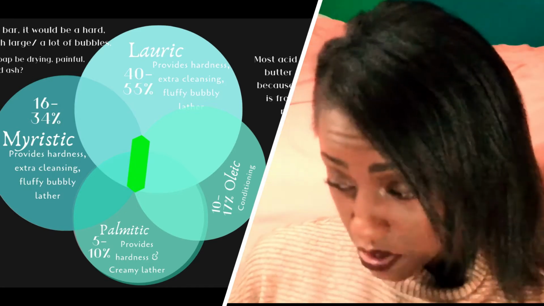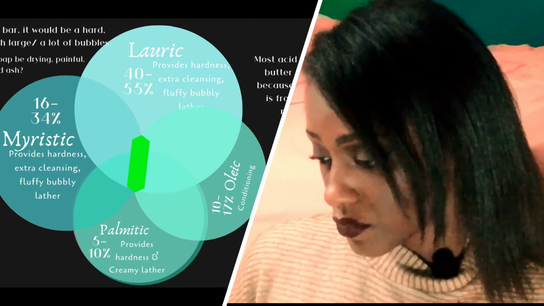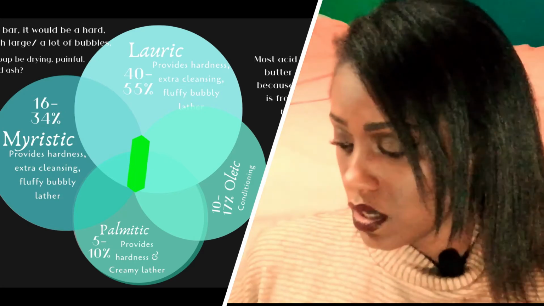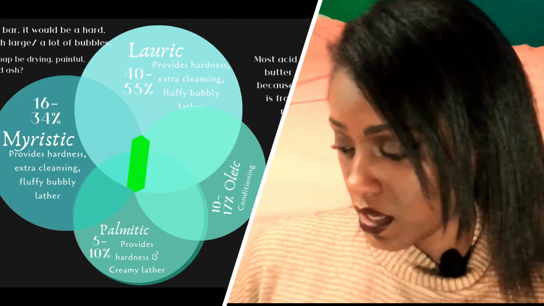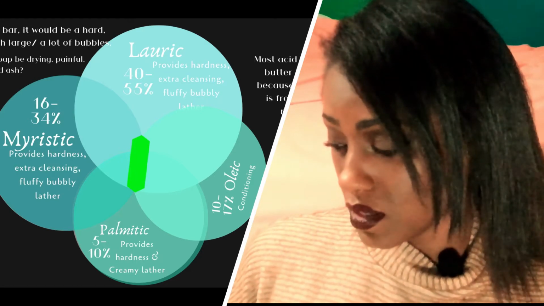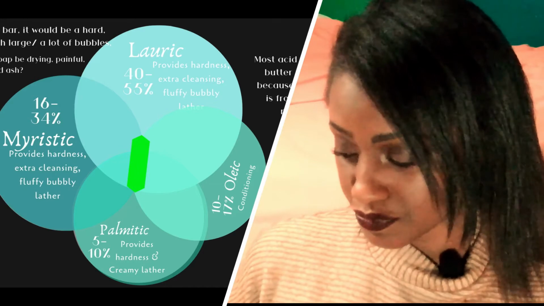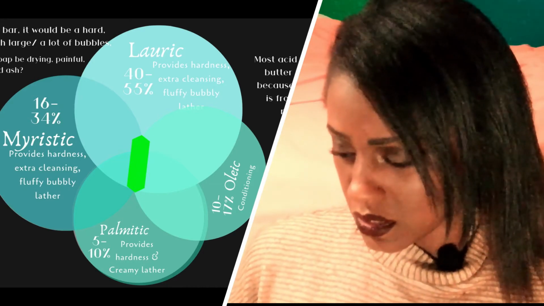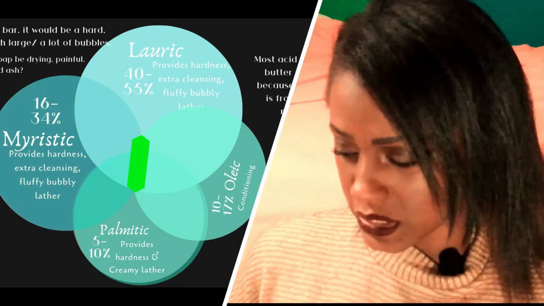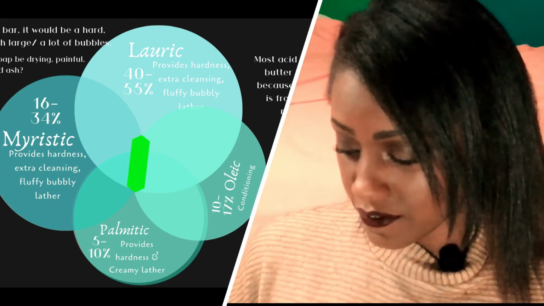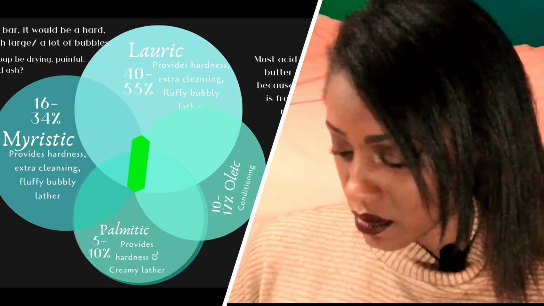But in bar soap, it is responsible for hardness, being extra cleansing, aka stripping, and for big fluffy lather, big fluffy bubbles. Then the second one is myristic, which provides hardness, extra cleansing, fluffy, bubbly lather.